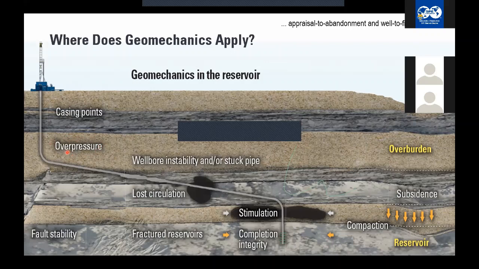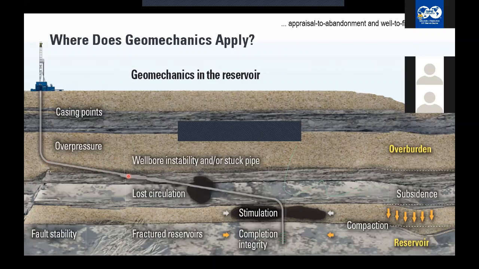And after the exploration stage, you will go into a development stage of the field where you will drill deviated wells. Now you will change the inclination of the well.